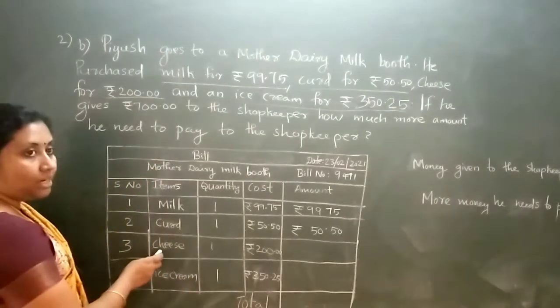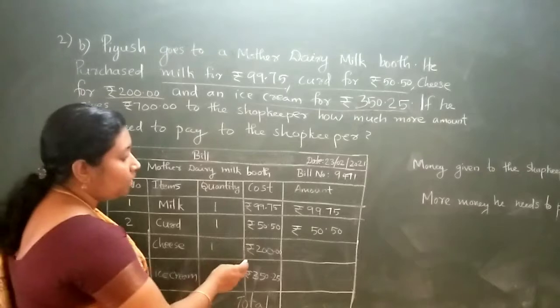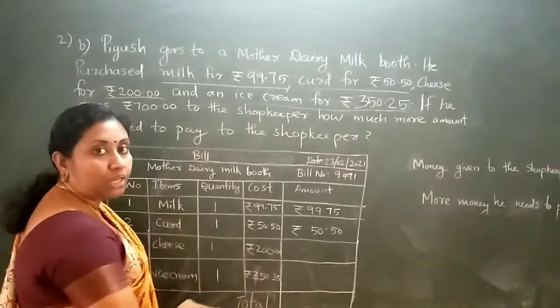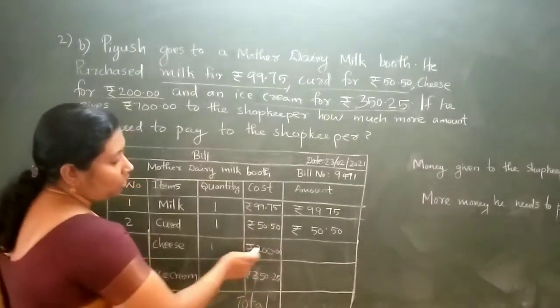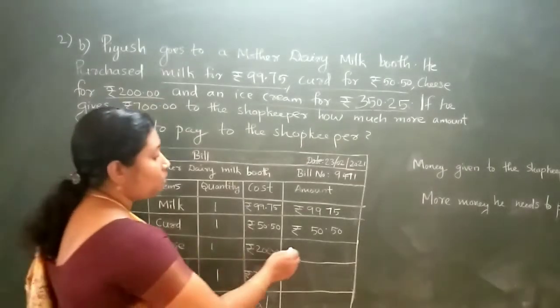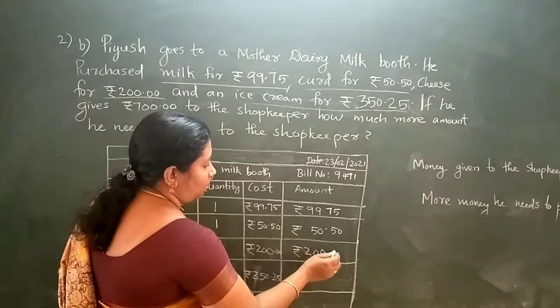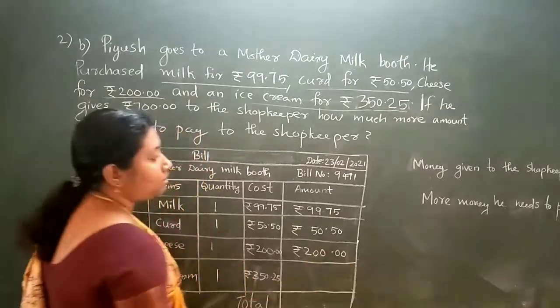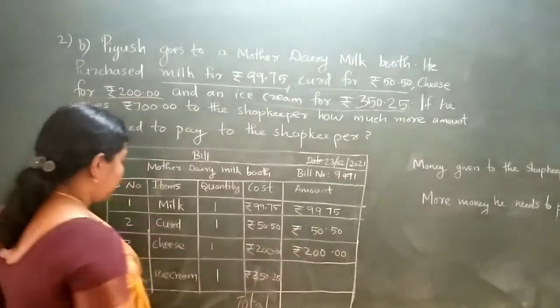So which is our third item? Third item, cheese. What is the cost of each cheese? Rupees 200. Then what is the amount? Here also only one item, so rupees 200. Then 0 paise. In paise part there is no number, so 0, 0.